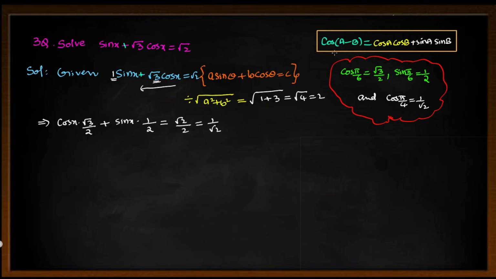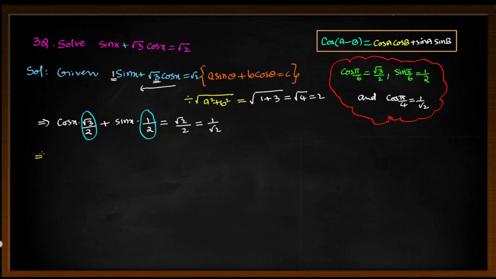Now we have to convert it into the form cos a cos b plus sin a sin b, so root 3 by 2 we convert in terms of cos, and 1 by 2 in terms of sin.